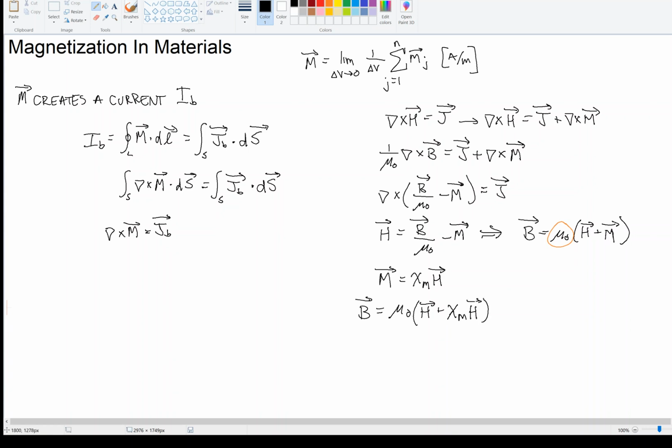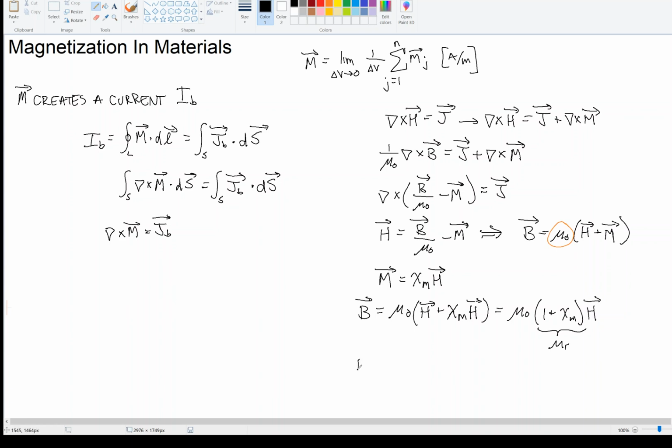You see, and this is key, that everything is proportional here, and we get mu0 times (1 plus chi_M) times H, and it's this 1 plus chi_M we call the relative permeability.